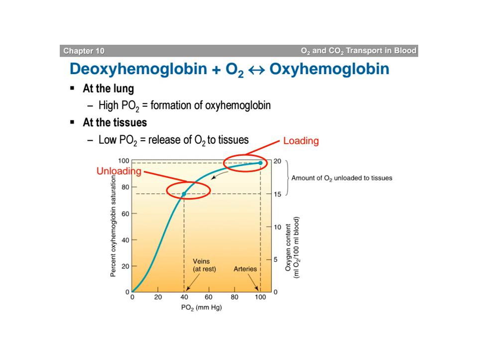So 5 milliliters of oxygen per 100 milliliters of blood has potentially been unloaded. And you can combine this with, for example, the blood flow, a volume per unit time, to give you a sense of how much oxygen is being unloaded per unit time.